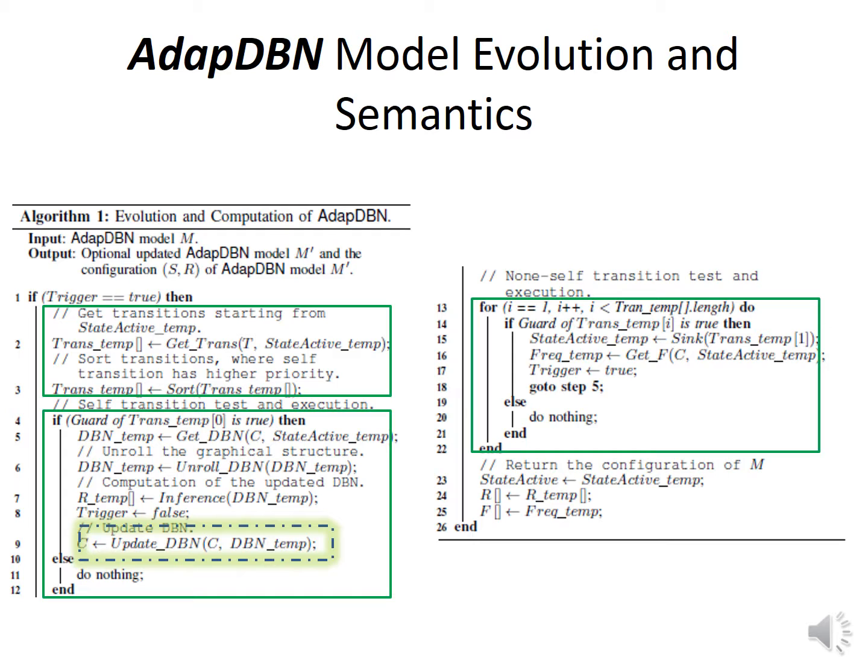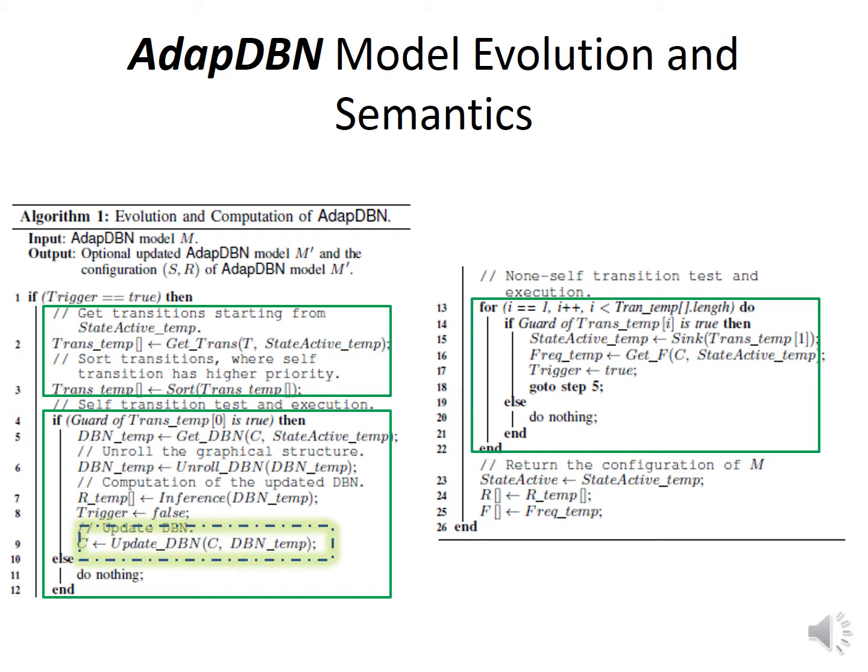And this is the model evaluation semantics, which is also the same as the model reconstruction rule. For example, when you get a self-adaptive dynamic Bayesian network, first, it will get the transitions starting from the current active state, or the patient state.